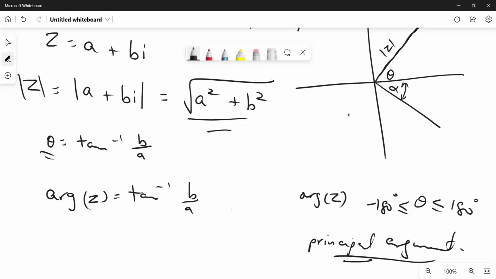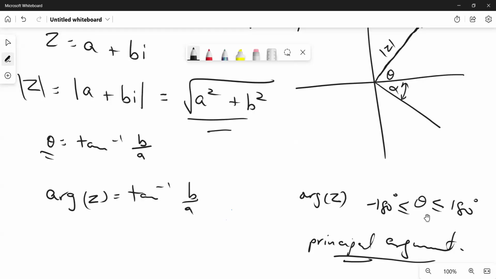I'm not going to get into it because you all haven't done any kind of trigonometry that has to do with negative angles. So I'm not going to scare you with that. But usually you express the angle that a complex number makes with the positive real numbers, and it has to be between these two angles.